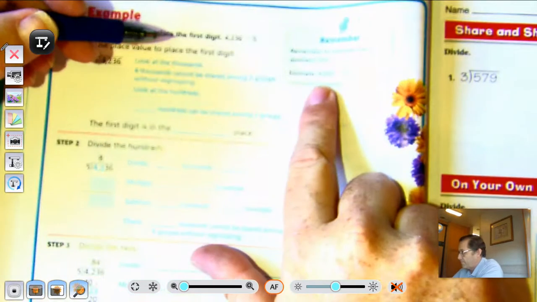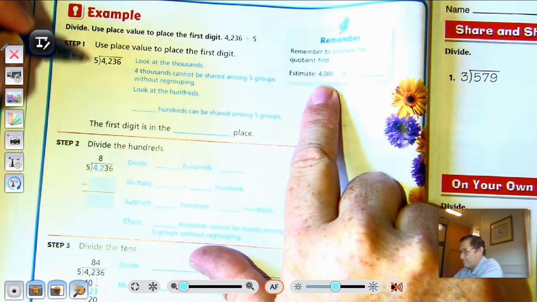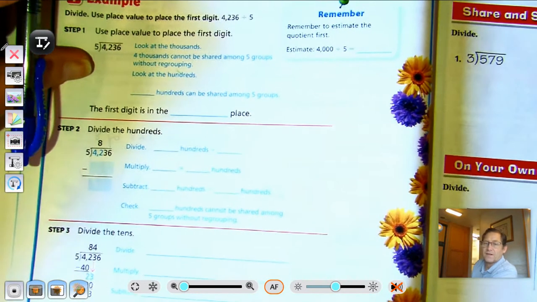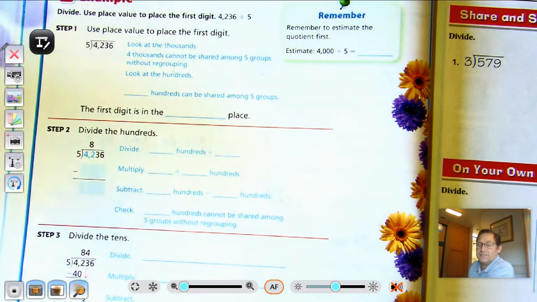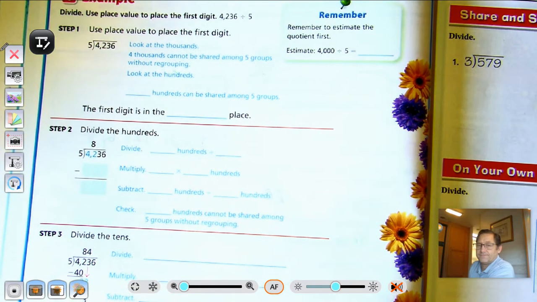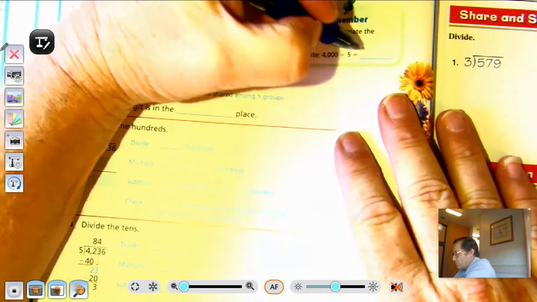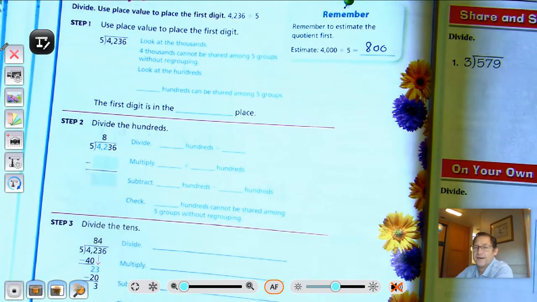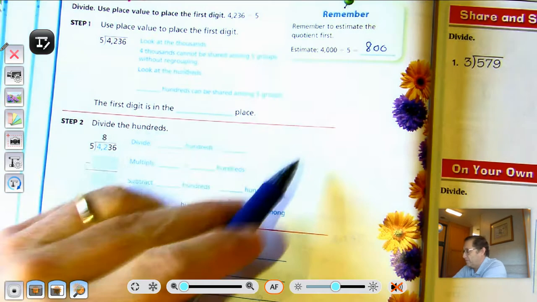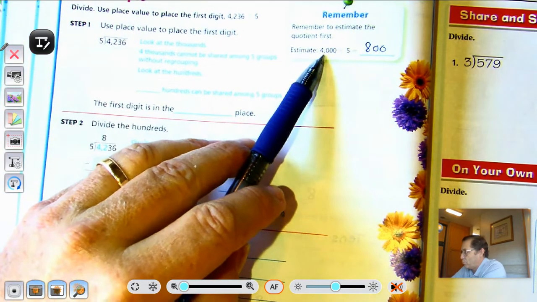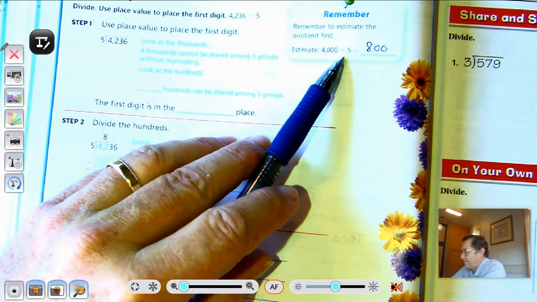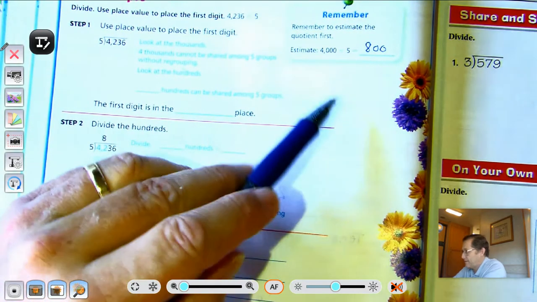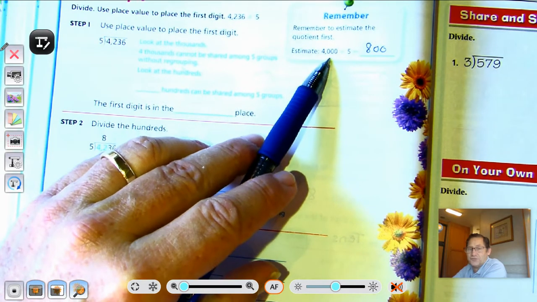So 4,236 is close to 4,000. So 5 times what is 40? 8, right? So we're going to have 800. Now, how is that helpful? Well, we notice that we can't share 4,000s equally among 5 groups, but I can share 40 hundreds.